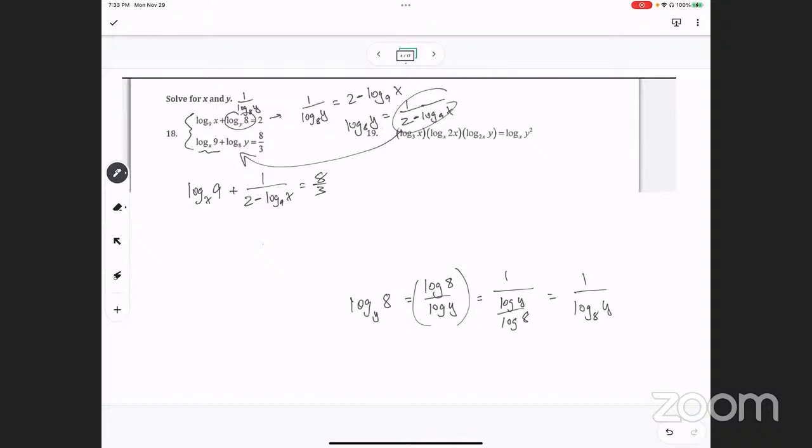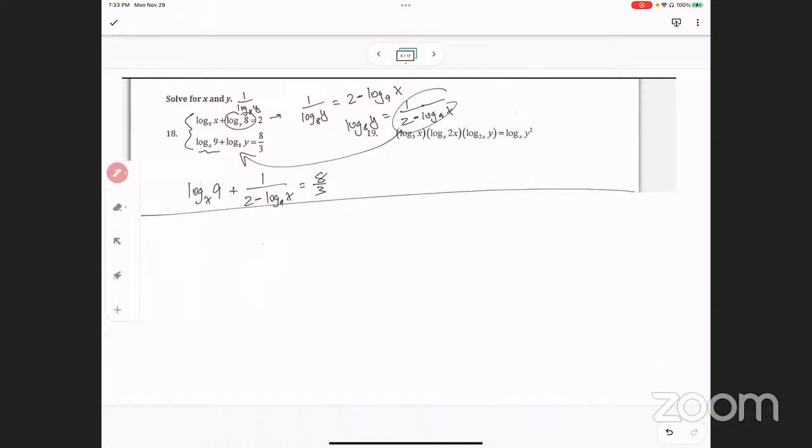I still don't know if that was quite the right way to do it though. So let me try this. Let me try to rewrite. I'll change color so I don't get it confused with different colors. So let me try like this. Trying to determine if I want the X. I don't think I want the variable to be part of the base. I think that would make it more complicated. So I'm going to rewrite all of these things so that the variable is no longer part of the base of the logarithm.